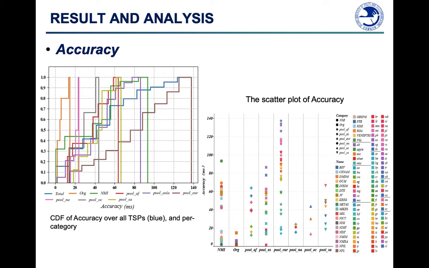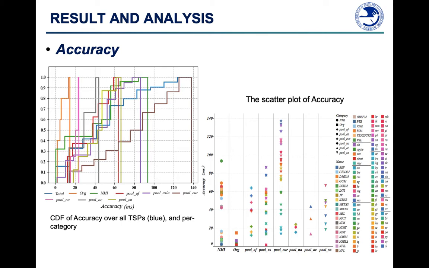The cumulative distribution function diagram demonstrates the accuracy cumulative distribution of 8 different kinds of categories and a total. The accuracy of all services is less than 140 milliseconds.